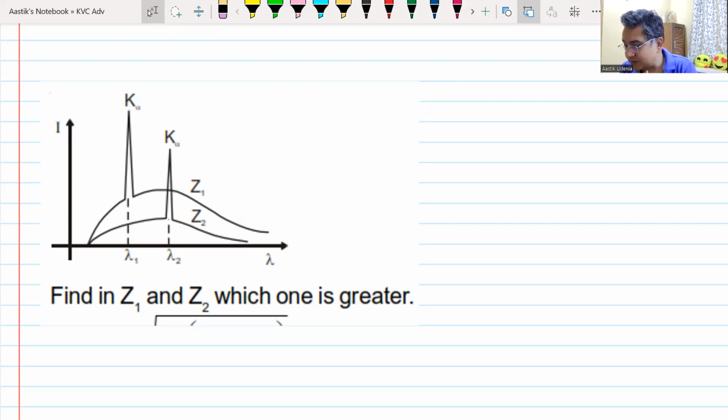Which atomic number is less? Z2 is more, sir. Z1 is more, sorry. Z1 is greater than Z2 because lambda 1 is smaller than lambda 2. Do we understand this? Yes.